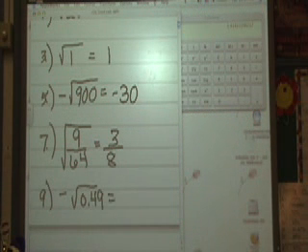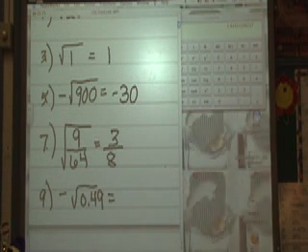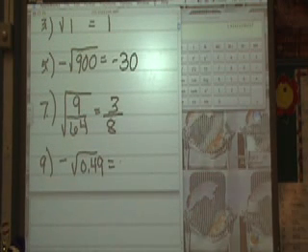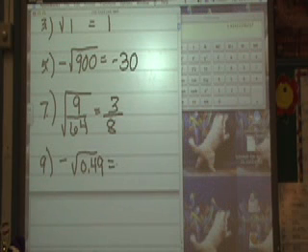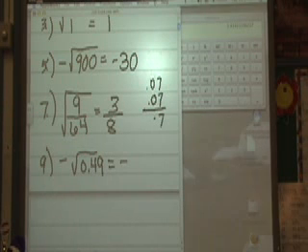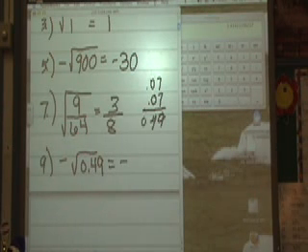Number 9. You have the negative square root of 0.49. Now without a calculator, Emma, what's the square root of 49? 7. Now, you need a decimal point, so you get 0.49 when you times 7 by itself. So where should the decimal point be? Be careful, 0.07 would give us how many places after the decimal point? 4 of them.